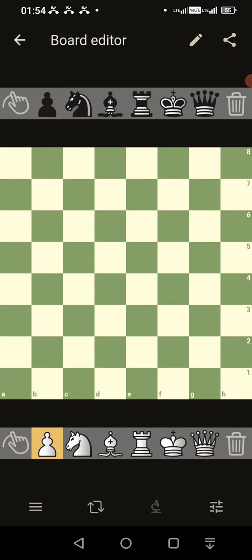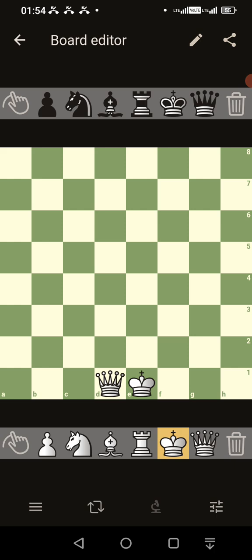I'm going to recap the lesson about the letters that are used to represent the pieces in chess. We started with Q for the queen. Okay? Do you remember what we said for the king? K for the king.